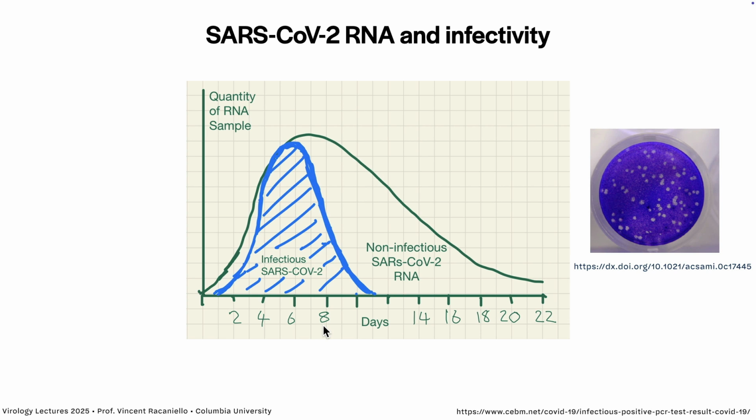But here's an experiment showing you that, if you're infected with SARS-CoV-2, you shed infectious virus here in blue for a certain number of days, limited, say 10, 12 days. But you continue to shed SARS-CoV-2 RNA here for up to 22 days and sometimes longer. So a lot of people were made to stay home when they didn't need to.